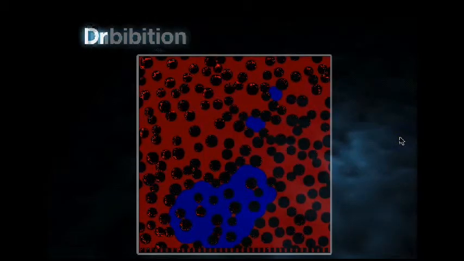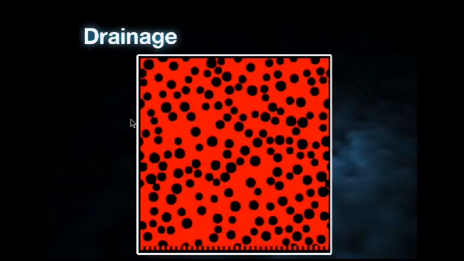In our next slide, you see it's filled with wetting fluid, right? And we will have some non-wetting fluid invading, the blue one, and we will see it displacing the wetting fluid, the non-wetting displacing the wetting, drainage, okay?